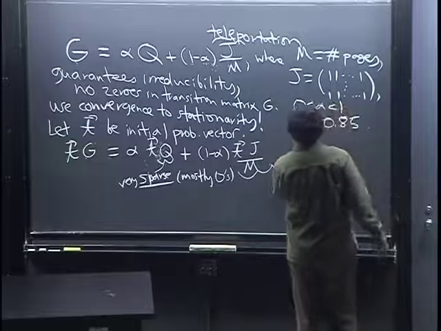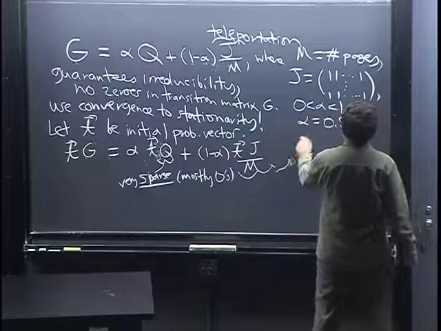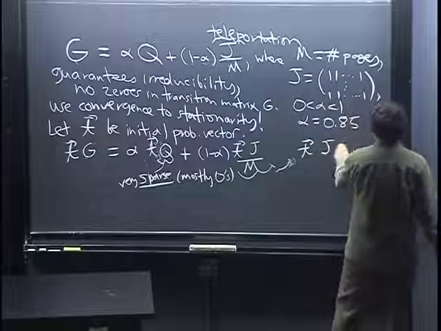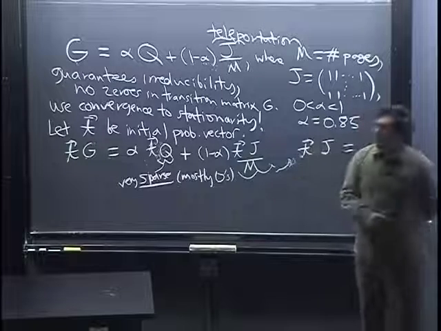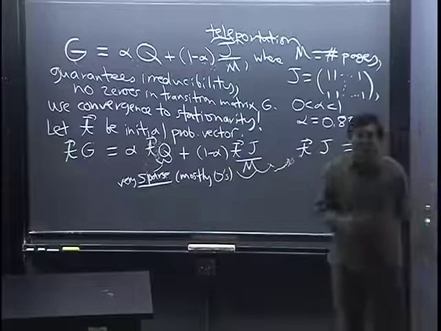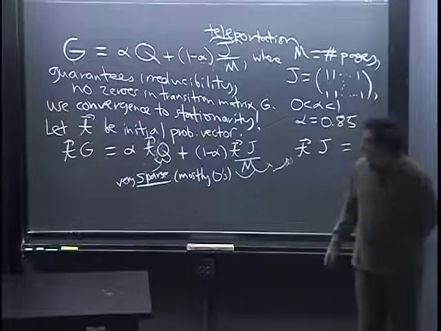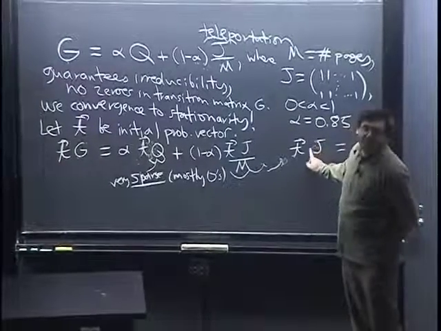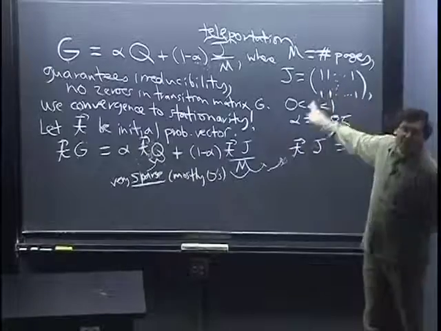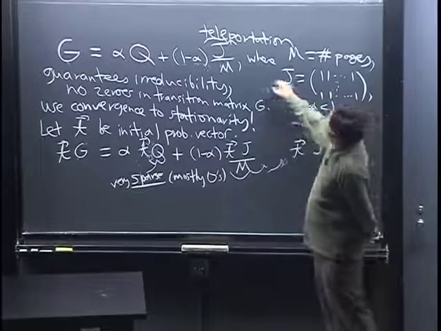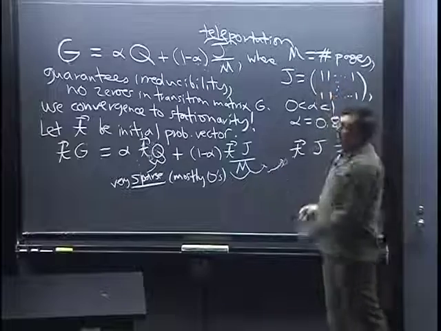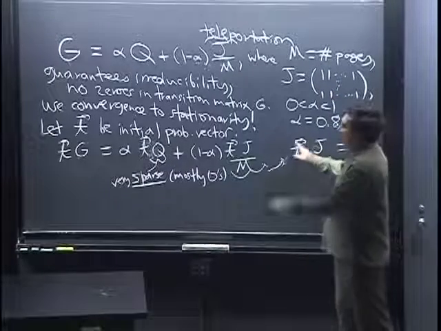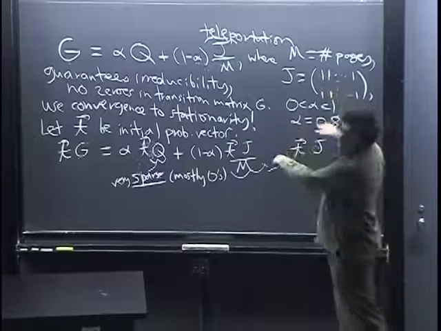Now let's look at this other term. Let's think about t times J. Remember, t is just some vector of probabilities that add up to 1, right? And J is a very simple matrix: J is just all 1s. So I'm going to take this vector t and multiply by J, just matrix multiplication. t is a row vector, so you take the row and dot it with a column.